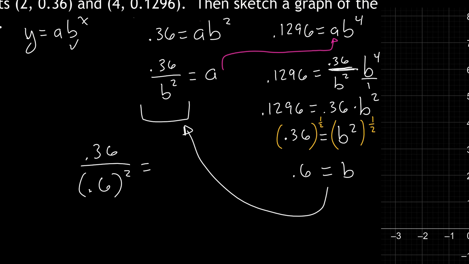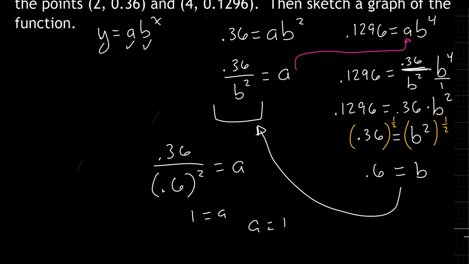That's going to give me what a is. I think a is the number 1, because I've got 0.36, and I divide that by 0.6 to the second power. And when I do that, I get that a is 1. So we now know our a and b values, so we can write the equation.